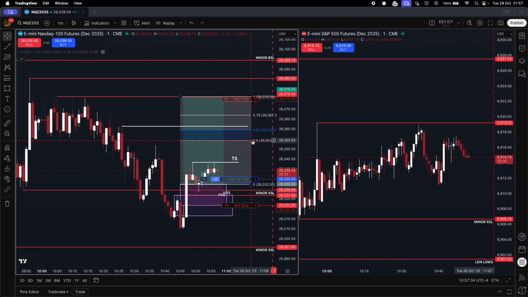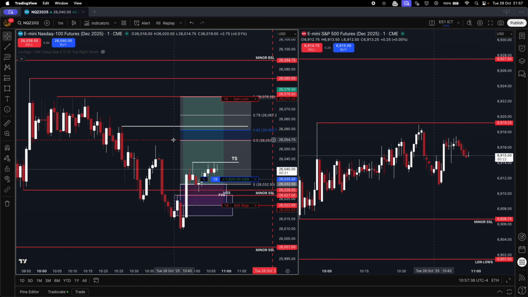I'm going to delete this fib. I'll leave it on actually. You'll see many times that price revisits the fair value gap that it's just traded out of. It would trade back into this fair value gap.